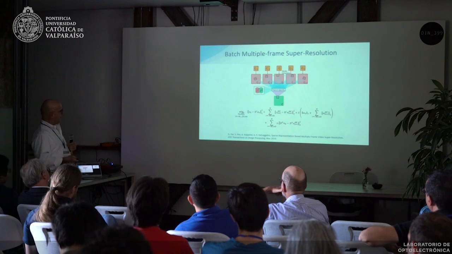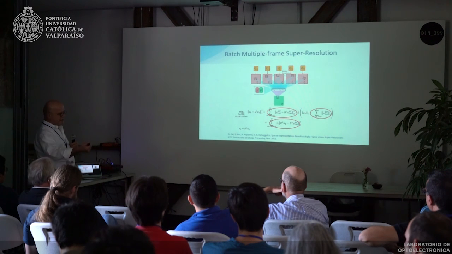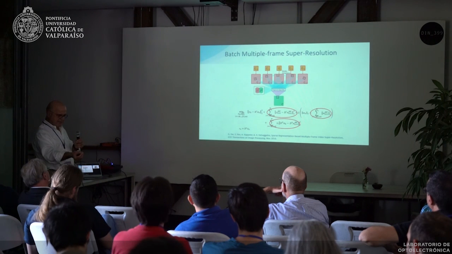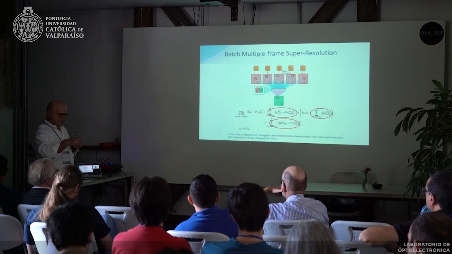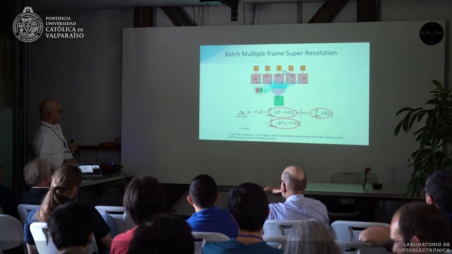So this is the idea of the coupled dictionary. Anyway, I won't cover all the cost functions. When you observe the low-res image, you find the sparse representation, and you use the same sparse coefficients in the high-res dictionary to construct the high-res image.